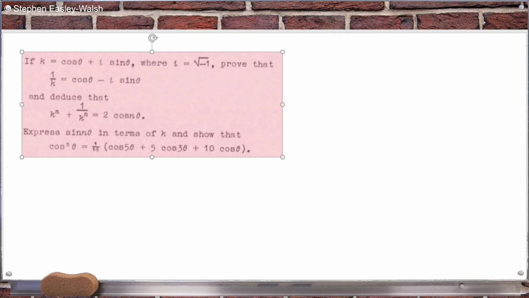when n is 1. So what I'm going to say, 2 cos theta is k plus 1 over k. That was it, wasn't it?